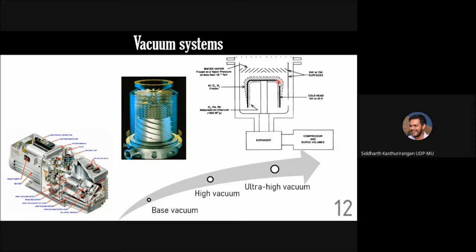And at some stage, once the cold head is saturated, this gets sealed off, and the cold head is heated up, and all this material then goes and gets pulled out. Then again you cool it down and then again open the valve. So from time to time it can absorb all these different gases, and those gases can then get pumped out.